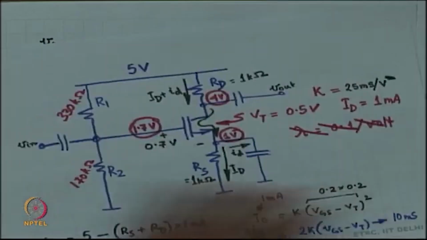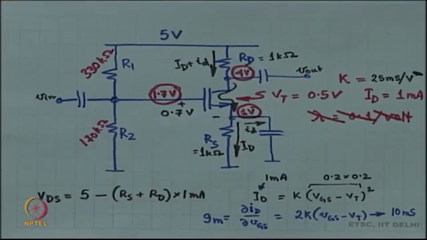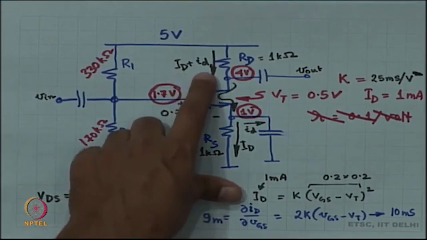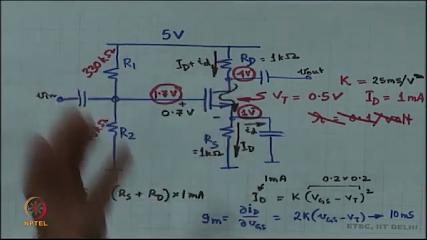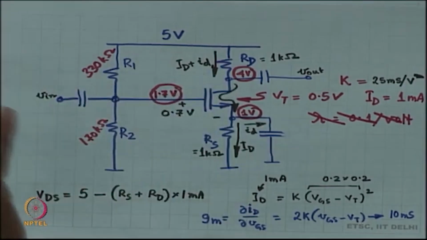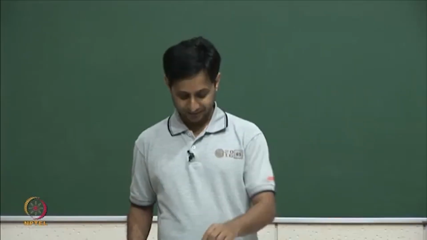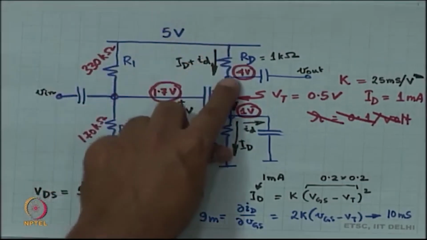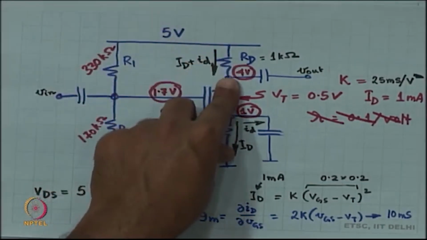Look at it again, there is something trivial going on. The smallest value of capital ID plus small ID is 0, that is the lowest possible value of the current. And when that is the current, what is the drop across RD? 0. So, the largest voltage over here is nothing but 5 volts.